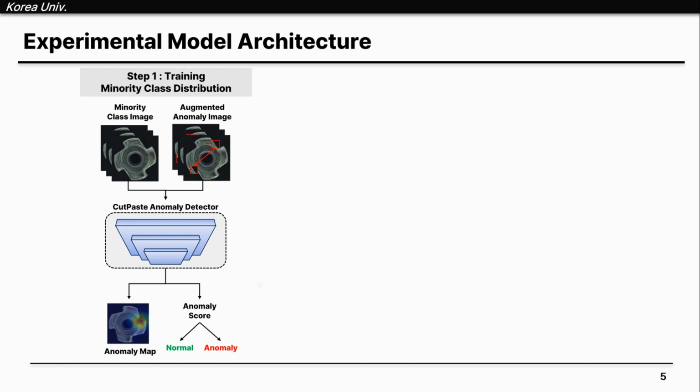When I train the CNN classifier, it learns the distribution of minority class images and detects images with other distributions as anomalies. This allows me to derive an anomaly map and anomaly score if they do not correspond to minority class images.